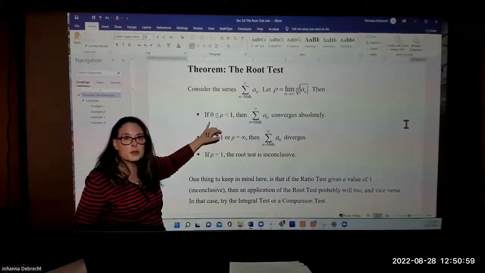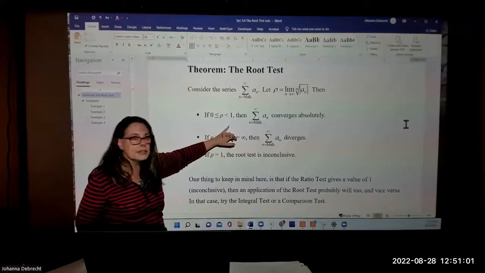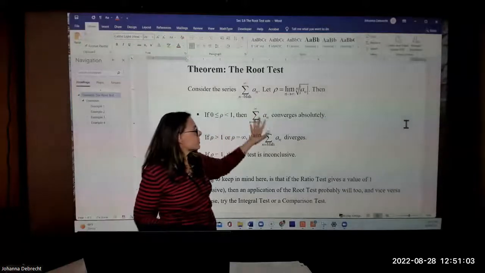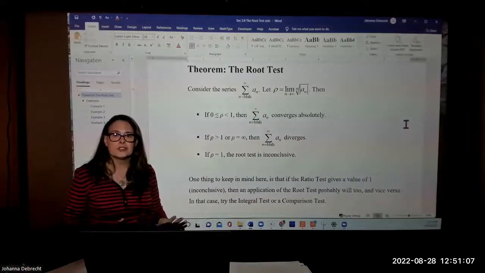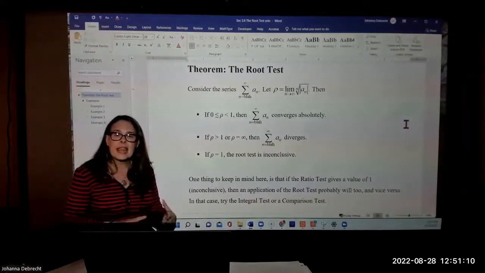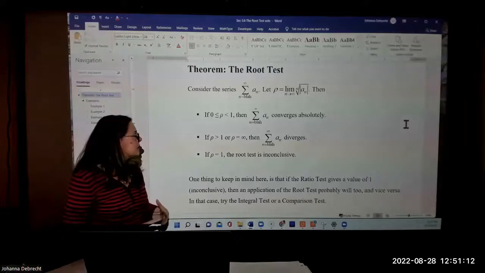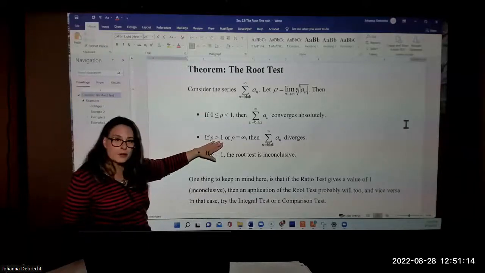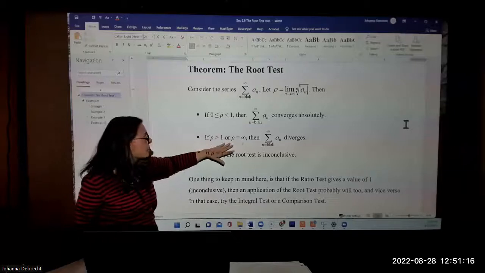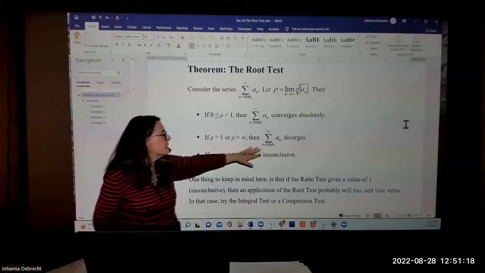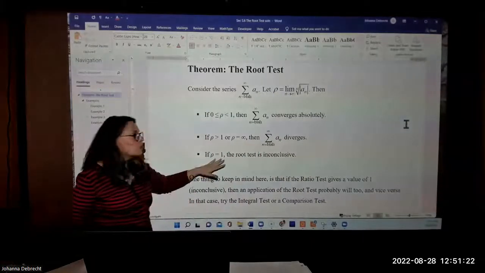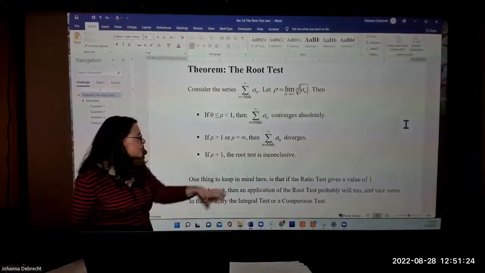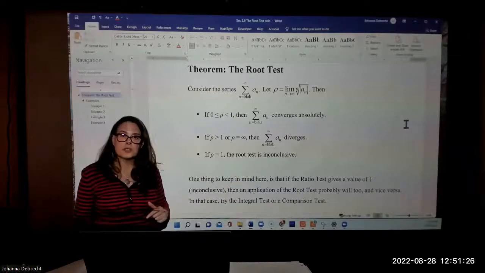If rho is 0 or less than 1, then the series will converge absolutely. So no matter how you rearrange the terms, you get the same value for S infinity. If rho is greater than 1, some finite real number, or rho is infinity, then we know that the infinite series will diverge. If rho is equal to 1, like the ratio test, the root test is inconclusive.